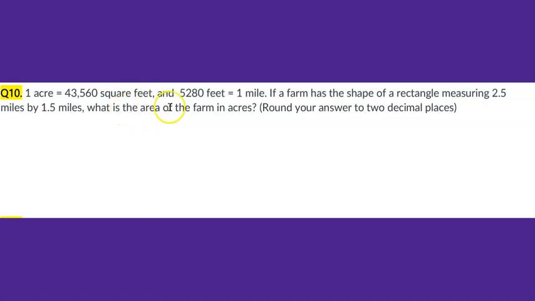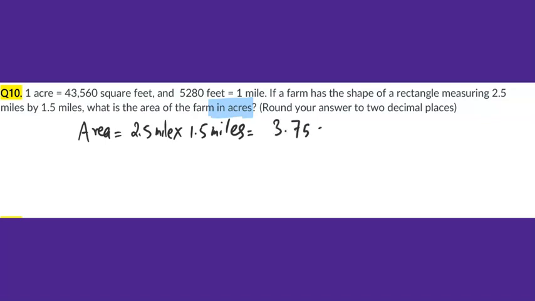What's the area of the farm in acres? You're looking for final units in acres. So let's find the area in square miles. Area equals 2.5 miles times 1.5 miles, which gives you 3.75 square miles.